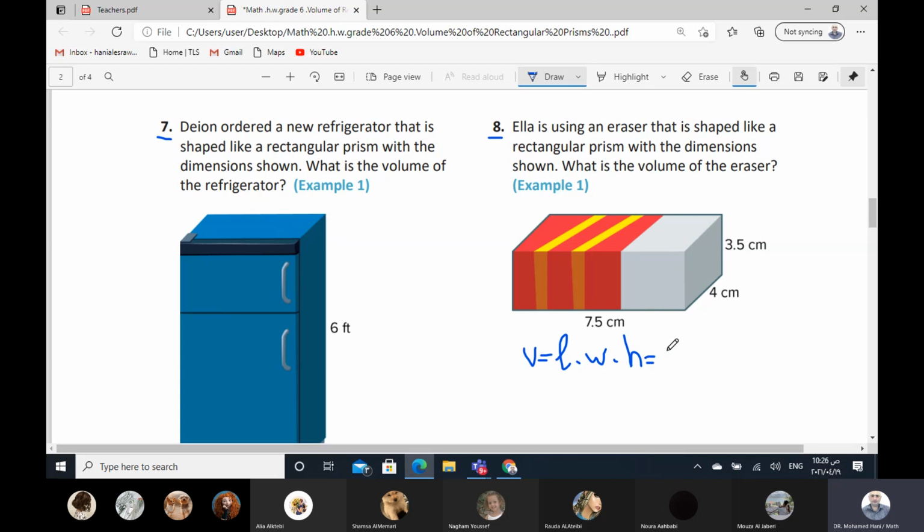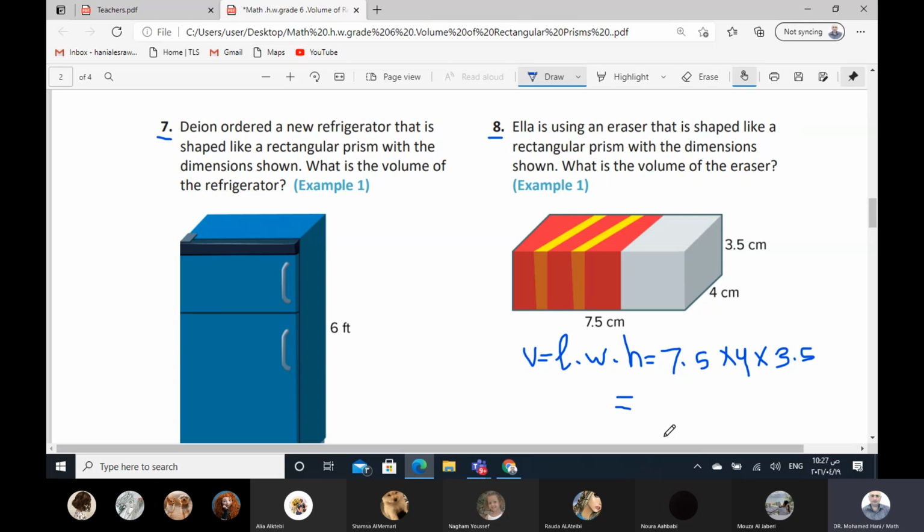The length will be 7.5 times the width, which will be 4, times the height, which will be 3.5. Who can help me to find the product? Mr., is the answer 26.25?